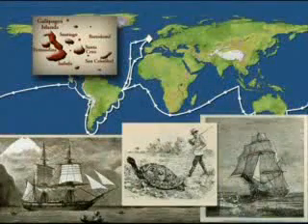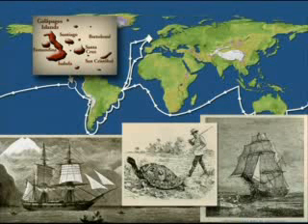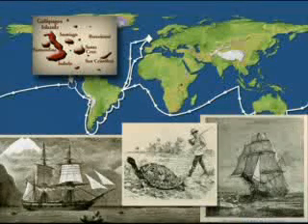Now, it was Darwin's opportunity to serve as the naturalist on the HMS Beagle in its voyage around the world that provided him with his first insights into how evolution might work. In fact, it was this voyage that changed his worldview and convinced him that evolution even occurred in the first place.